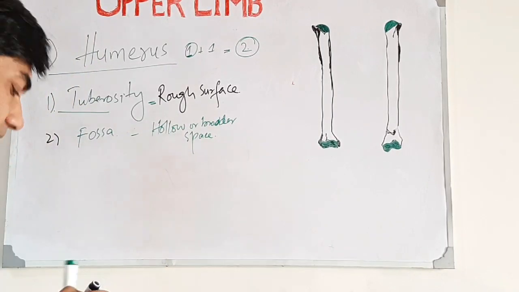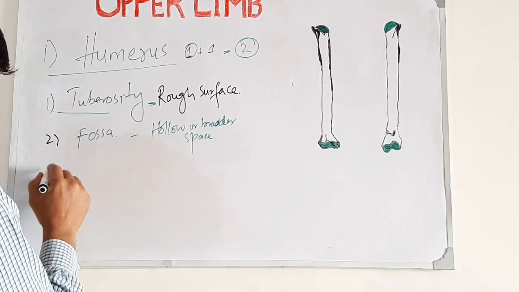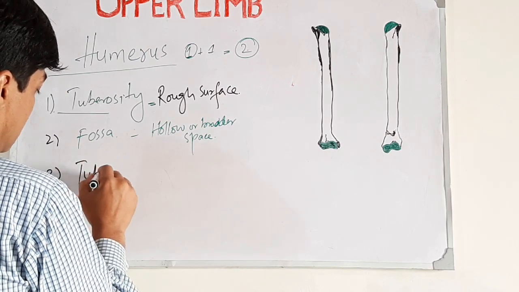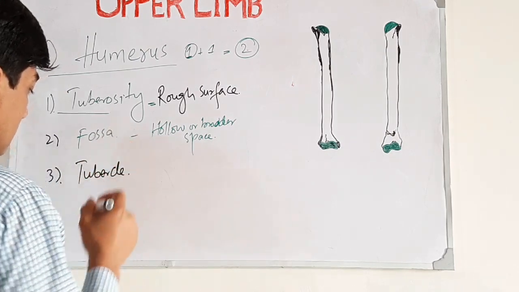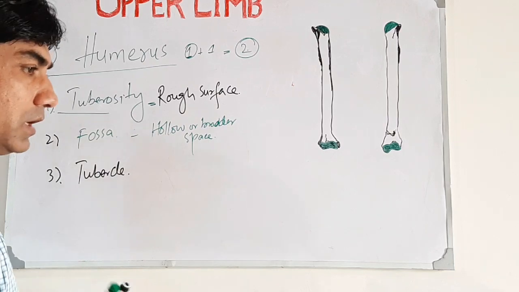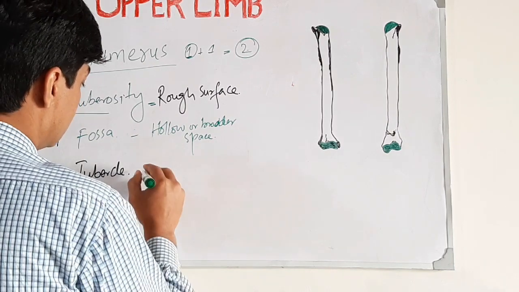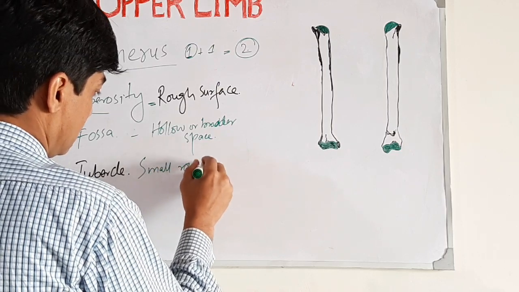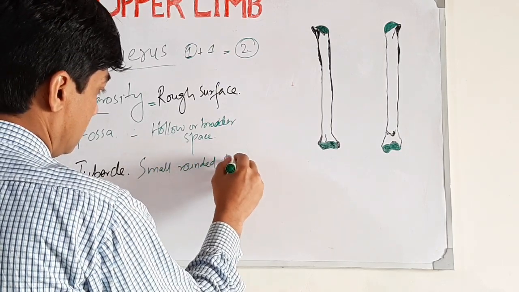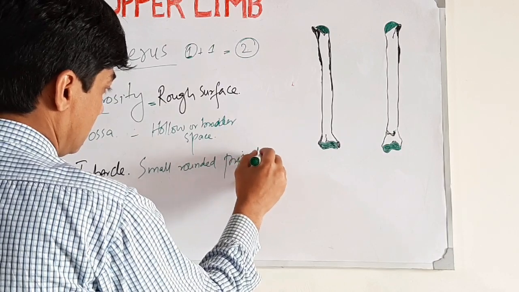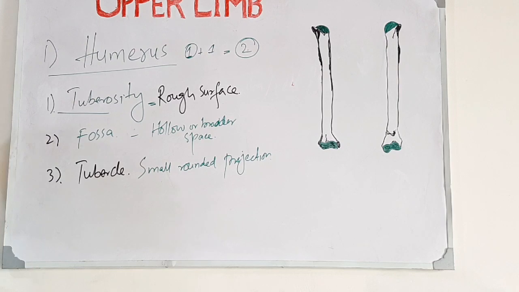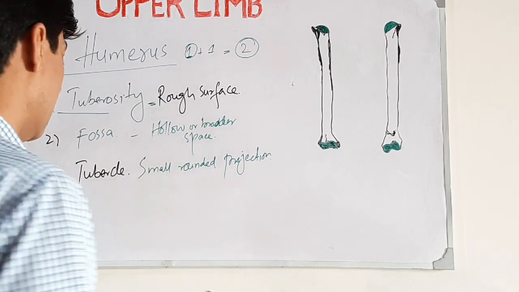And third is tubercle, a small rounded projection or small rounded process of any bone.